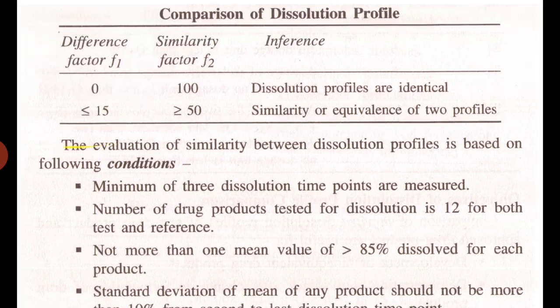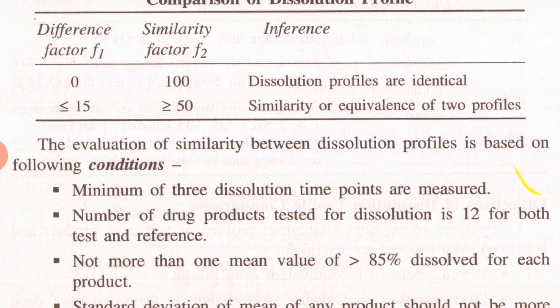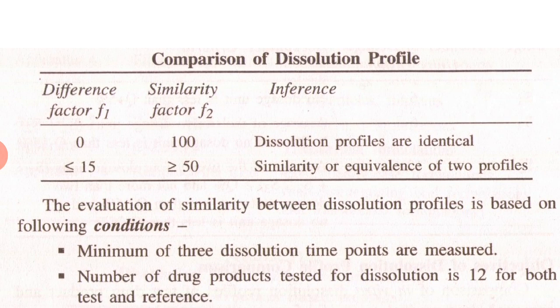So this is the table comparing F1 and F2. If the difference factor F1 is 0 and F2 is 100, the product is purely identical. Whereas if the difference factor F1 is less than 15 and the similarity factor is greater than 50, up to 100, it is similar or equal in profile.